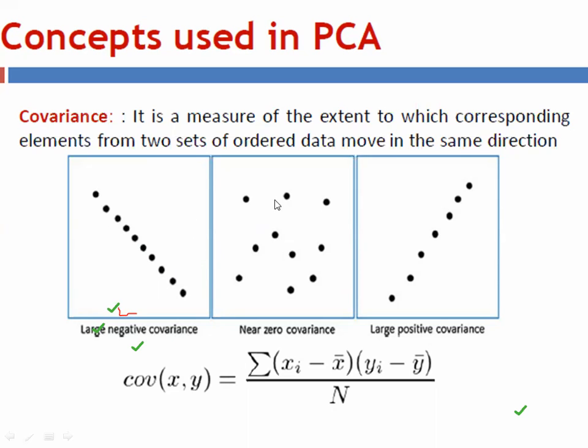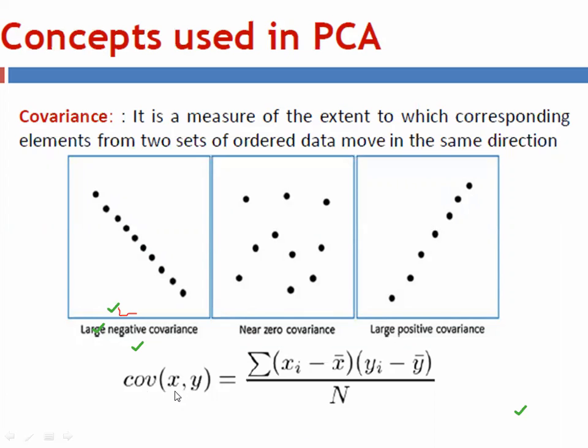These three diagrams represent the large negative covariance, near zero covariance, and large positive covariance. If the data points are like this, we can say these are large negative covariance. If it is spread, then it is near zero covariance. If it is like this straight line, then it is large positive covariance.